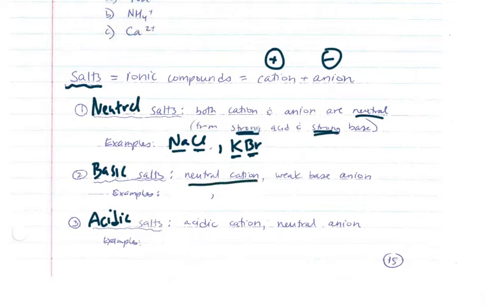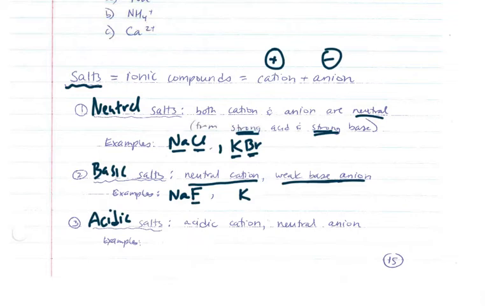Basic salts are ones that have a neutral cation. So the cation is from a strong base, and the anion is from a weak acid. So it has a weakly basic anion. Some of the neutral cations are sodium, potassium, and lithium. So examples would be sodium fluoride.